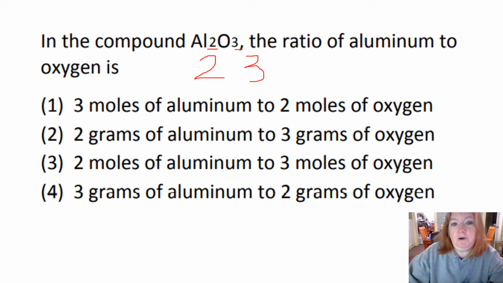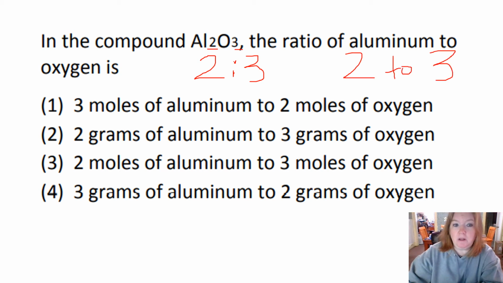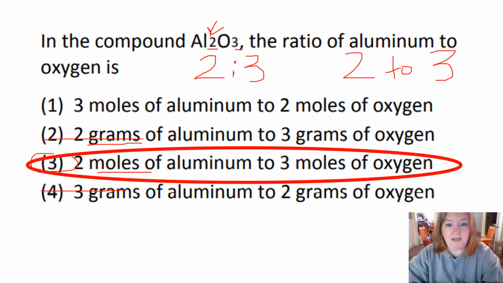So the ratio of aluminum to oxygen is 2 to 3, or written like this. Okay, but they wrote out all the words. These subscripts, remember, do not represent grams. So these are wrong. They represent moles. So how many? We had 2 of aluminum to 3 of oxygen.